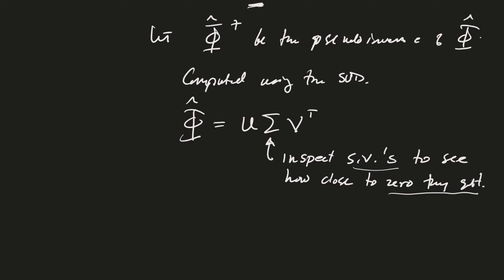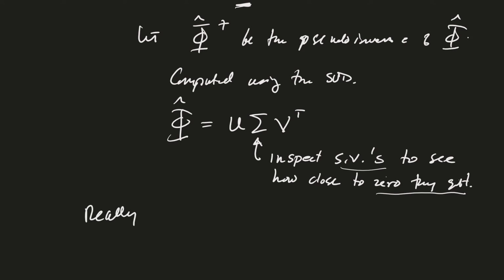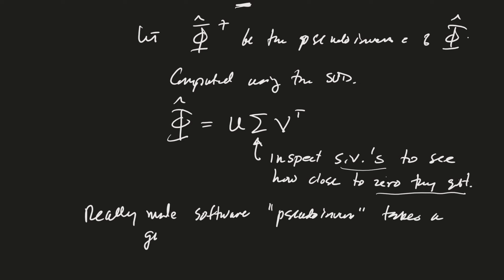If you use the pseudo inverse command, there's a built-in tolerance on the singular values. Ready-made software for the pseudo inverse takes a guess at what the cutoff should be, or the tolerance.